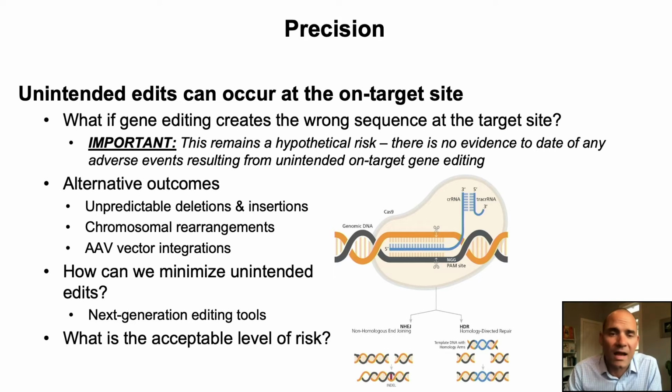And so with that in mind, there's a great deal of effort in the field to work with these next generation editing tools like base editing, as Dr. Olson highlighted, to be able to better predict and understand what the editing events are that come out of this type of treatment. And again, I think we all believe that there will be some amount of acceptable level of risk given the challenge of being able to predict the editing event in all of the treated cells. Next slide, please.